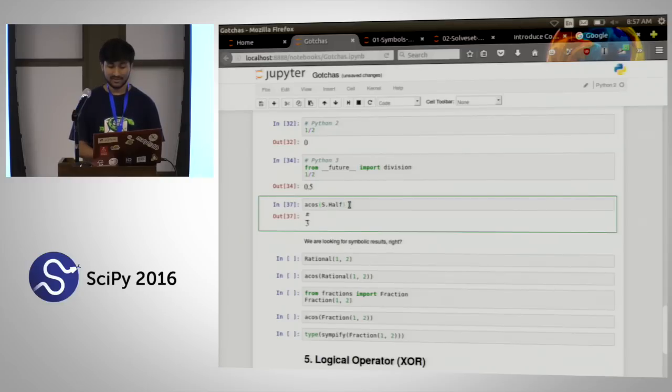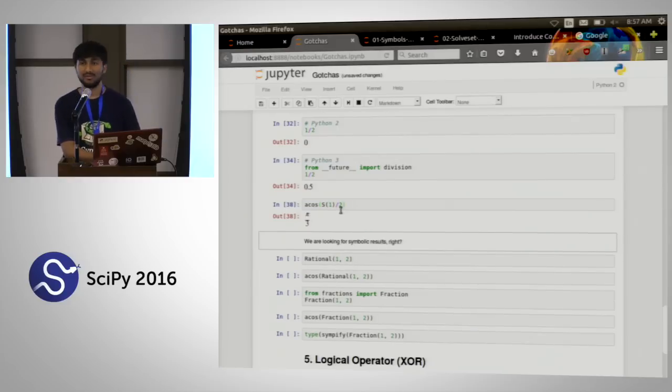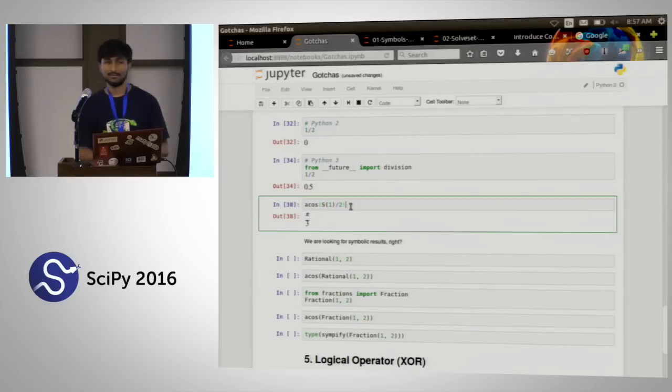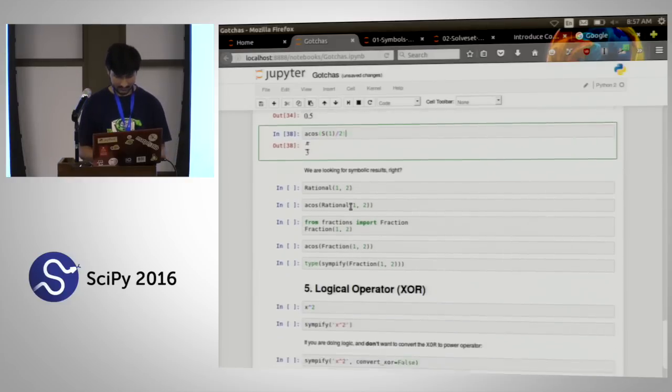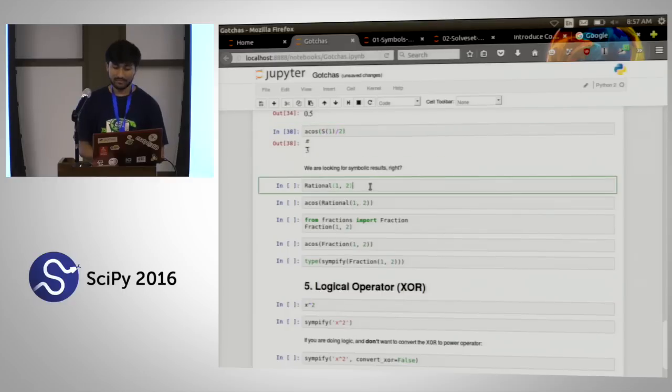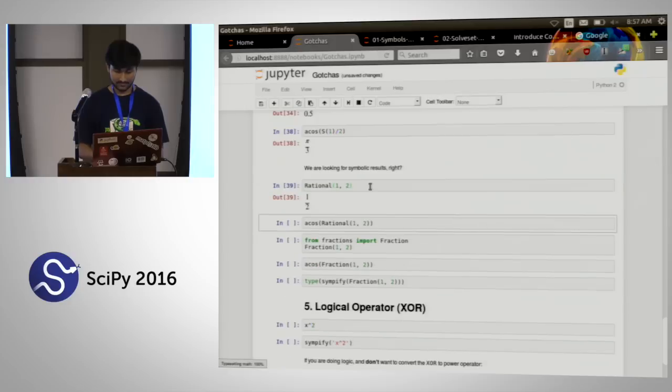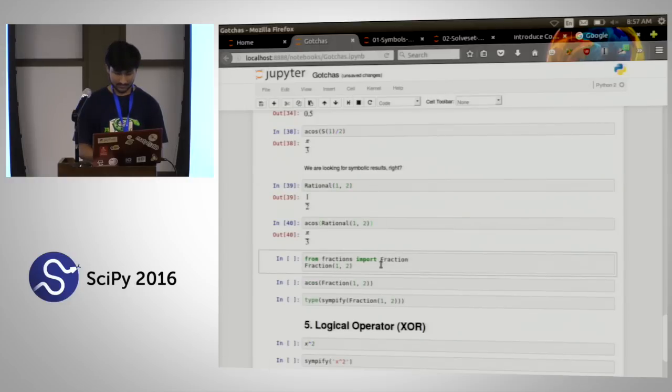S.Half is basically defined in SymPy as a half. Or you can do this. Capital S is basically a shorthand for sympify. Or you can define rationals like this. And Python also has a Fraction object.